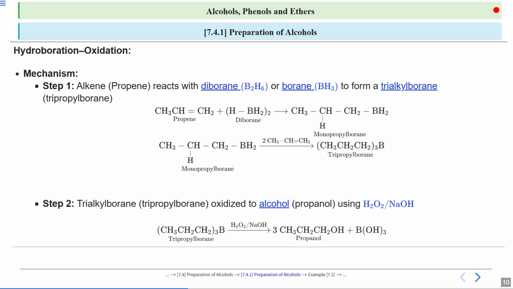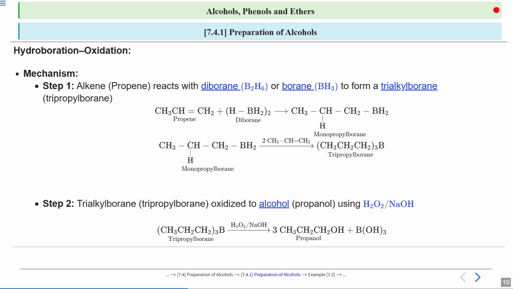So you take this tripropyl borane, (CH3CH2CH2)3B, and react it with hydrogen peroxide to oxidize it to the alcohol. From the tripropyl borane, you will get 3 molecules of primary alcohol, which is propan-1-ol or propanol, plus B(OH)3 will be your side product.